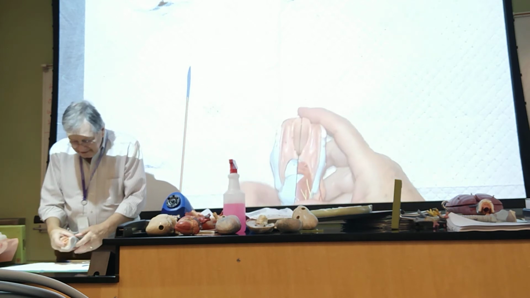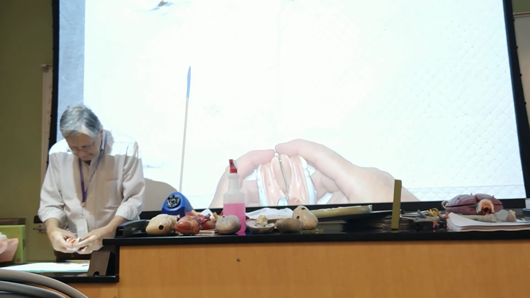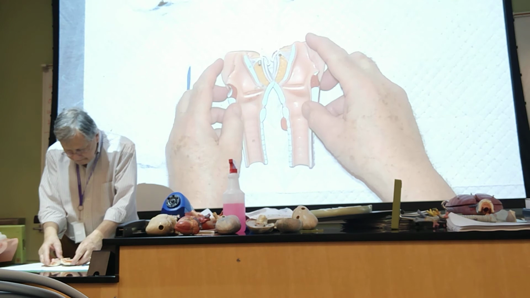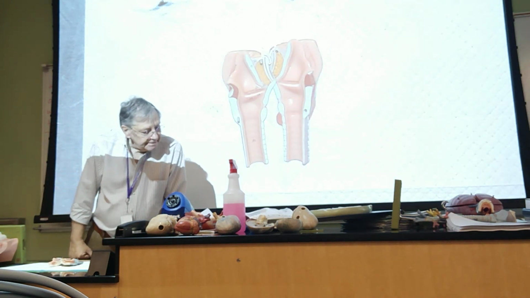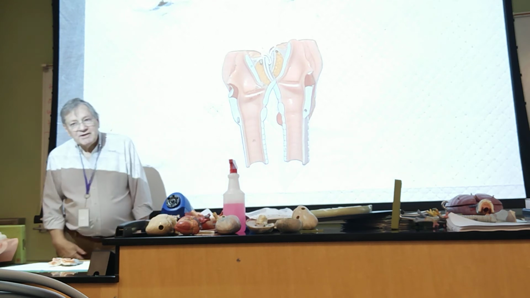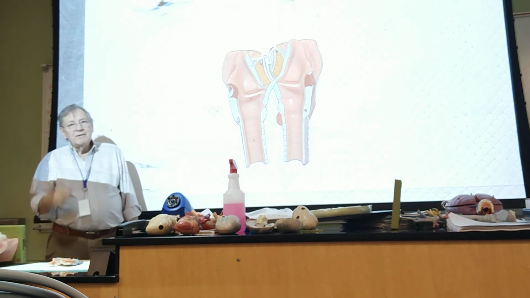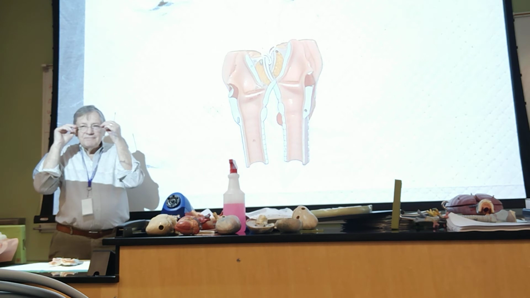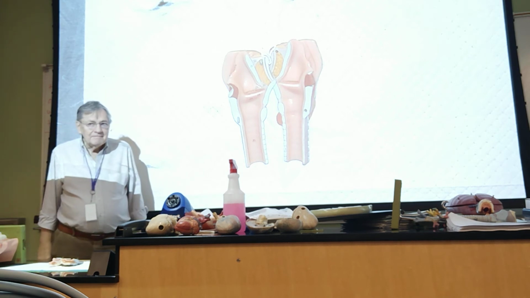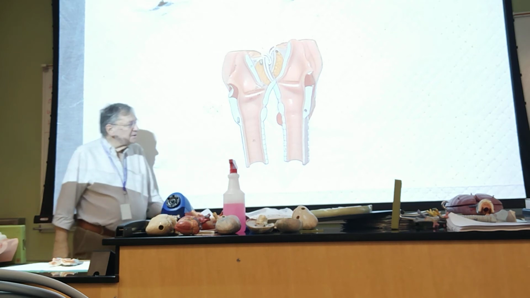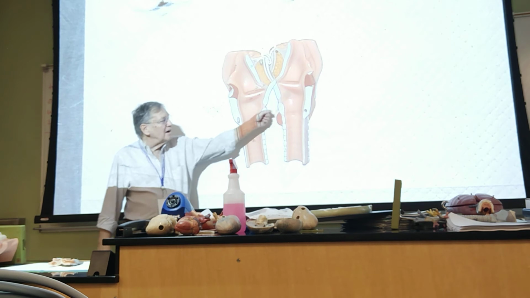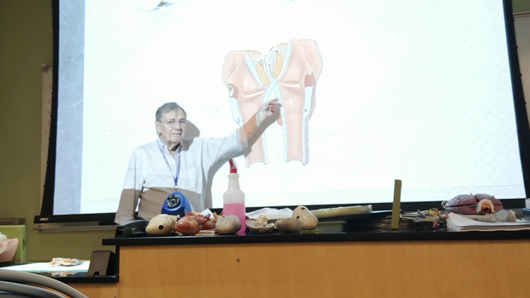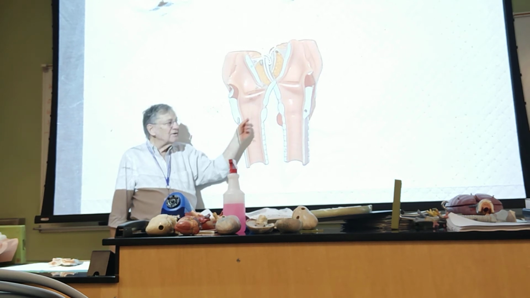All right? And then, if you look inside, you have the vocal folds, true and false. Okay? They come in pairs, but the pairs are not up and down. The pairs are side and side.